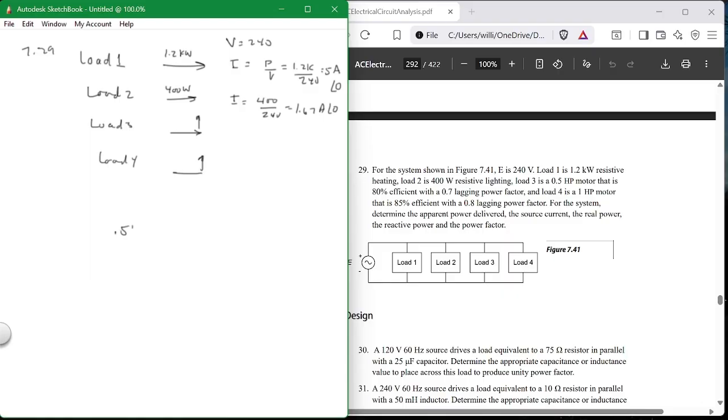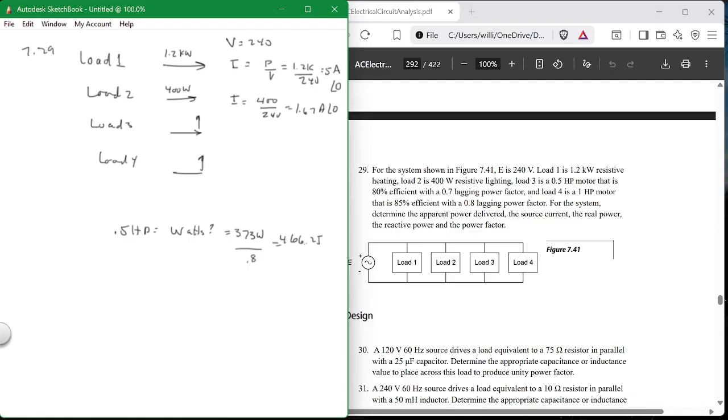So 0.5 horsepower is equal to how many watts? 373. And you have an efficiency of 0.8, so it's 0.8. So you have a need here of how many watts? 466.25. So we have a need of 466.25.